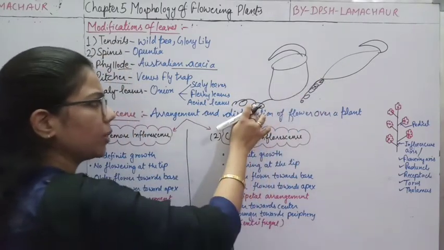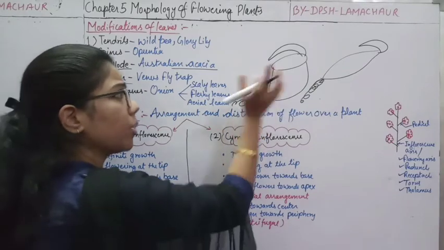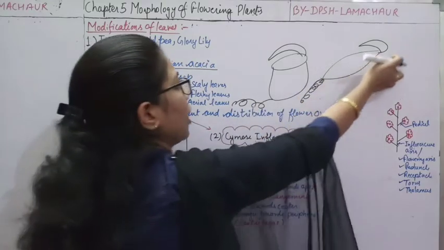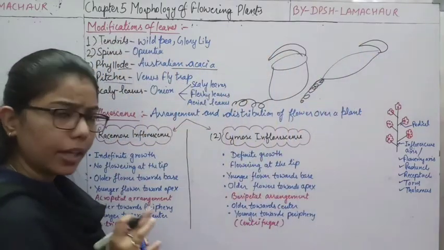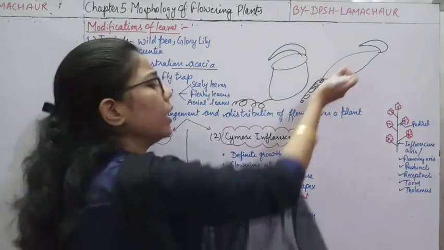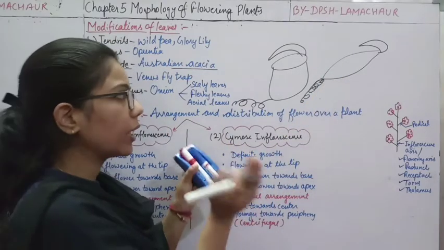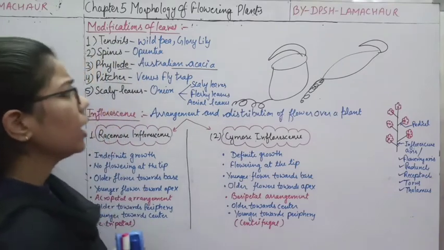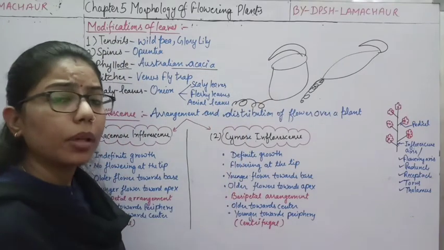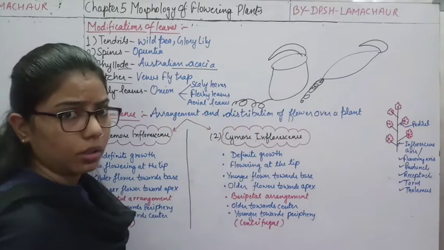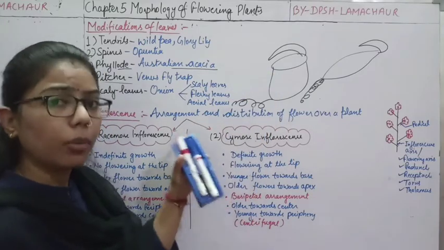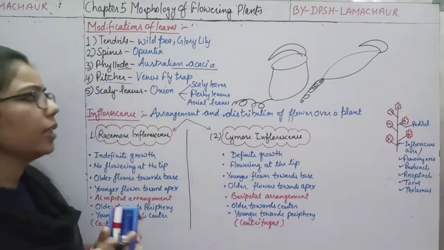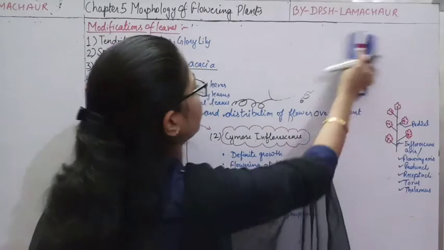That base will transform into the tendril, which provides support to the pitcher by attaching it to the plant, and this leaf apex will transform into the lid of this pitcher, and the whole leaf will get rolled and form the middle pitcher part right here. And again, it is important for what? To take nutrition, because these plants take nutrition from insects. So this is the function of this pitcher.